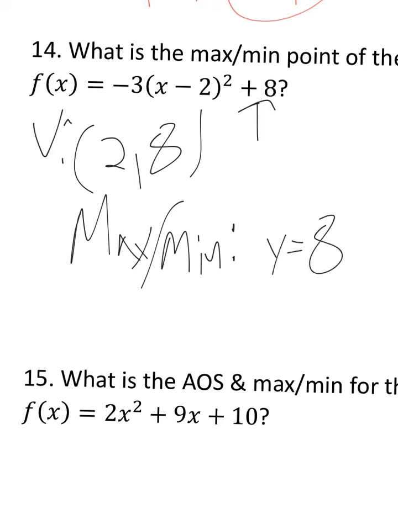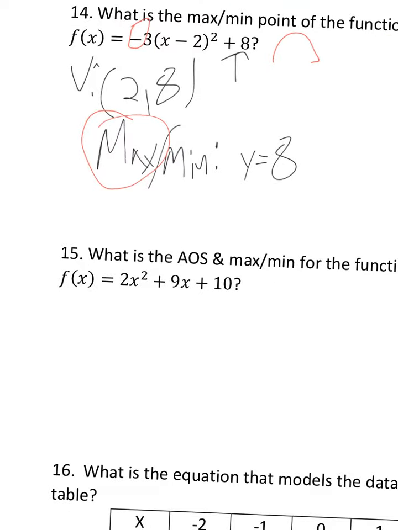And is it a max or is it a min? This negative means it's going to open down, which means your vertex is the maximum point. So I want you to specify that it's a maximum point at y equals 8. All right, and if you need to know the x-coordinate, it's 2, because it's x minus h.